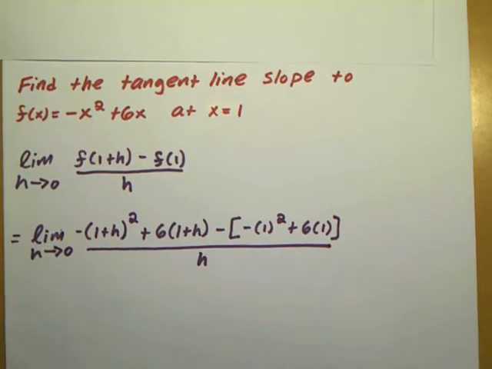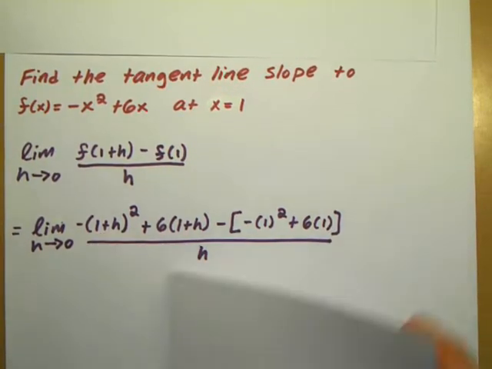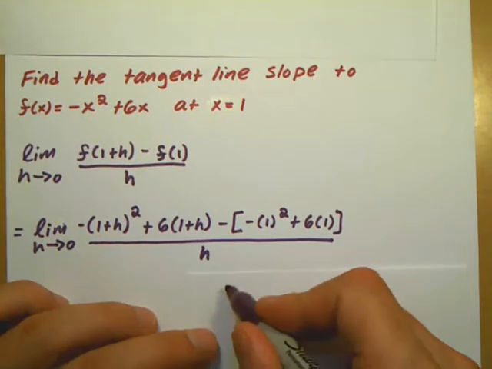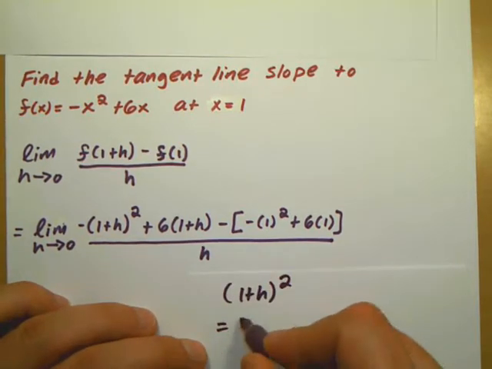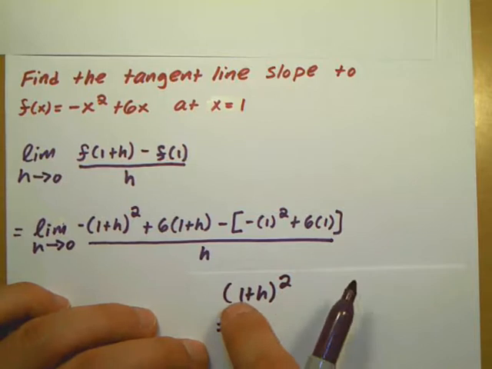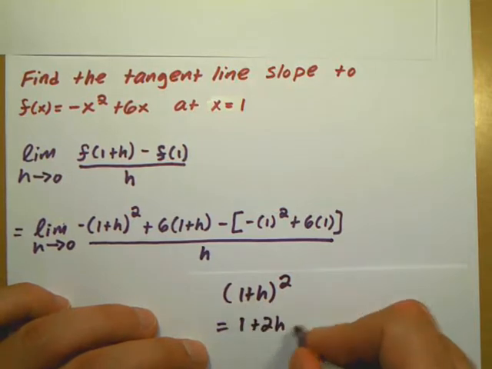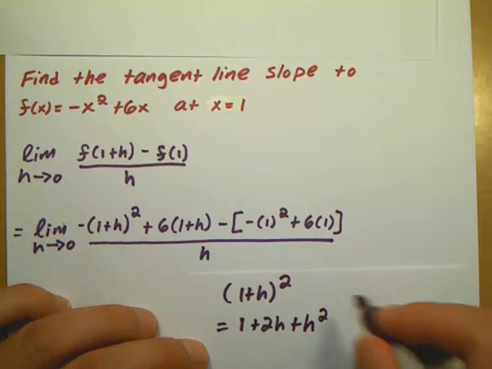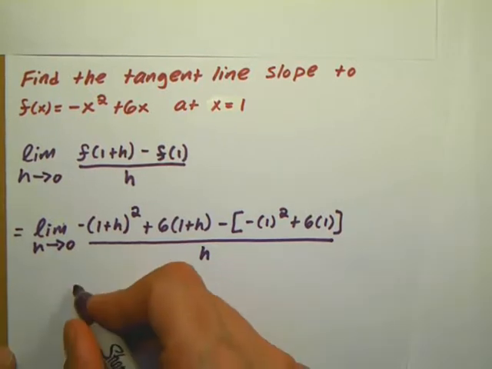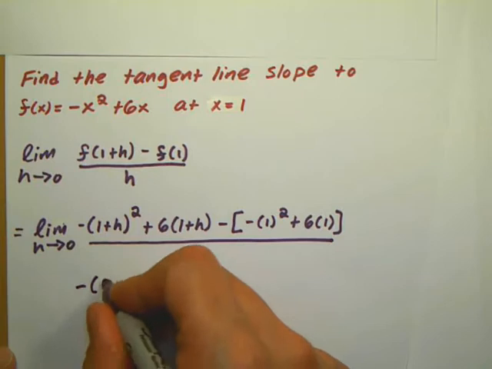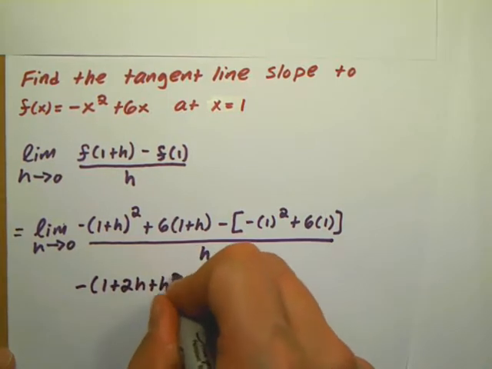Alright, so what I have to do is expand 1 plus h squared. Quickly I can do this on the side. 1 plus h squared is going to be 1 squared is 1, plus 2h plus h squared. This is what you get if you expand it. So it's going to be negative parentheses 1 plus 2h plus h squared.